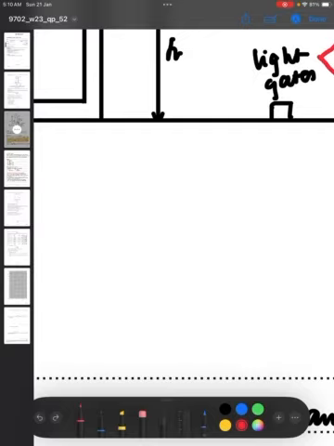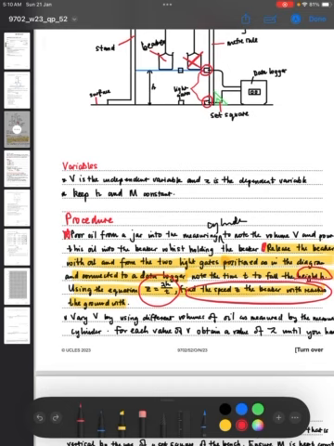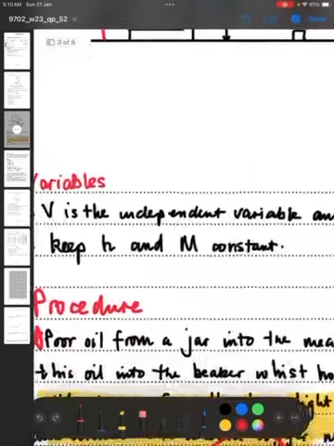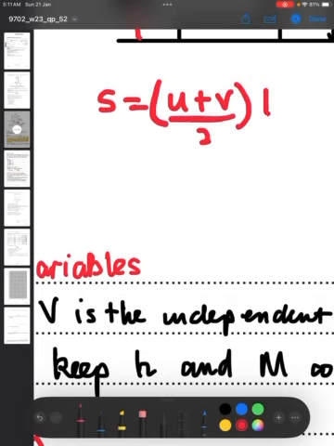So what we're simply doing here is this. We know this equation which says s is equal to (u plus v) over 2 multiplied by t. So this is the only equation without acceleration.